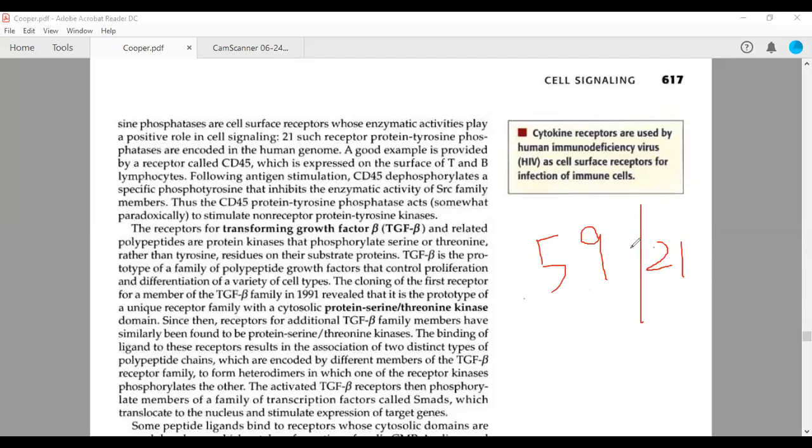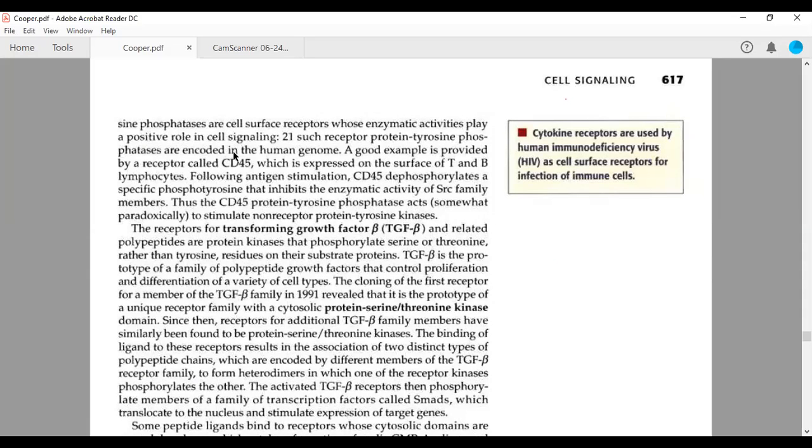So they are counterbalancing each other. The kinases add phosphate groups onto tyrosine residues, and the phosphatases remove these phosphate groups. So 21 such receptor tyrosine phosphatases are encoded in the human genome.